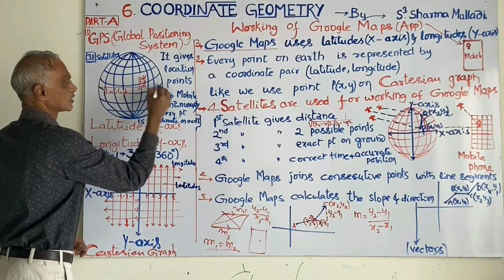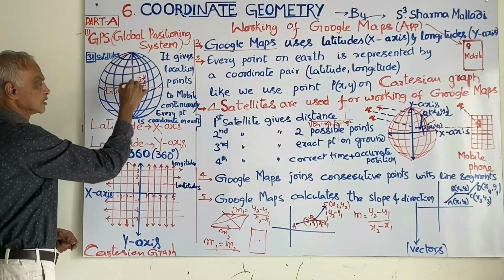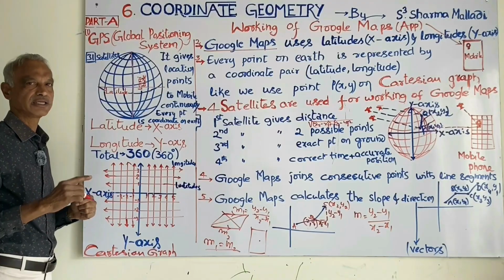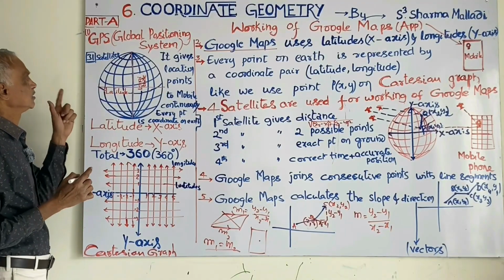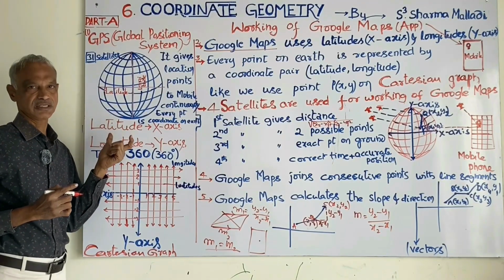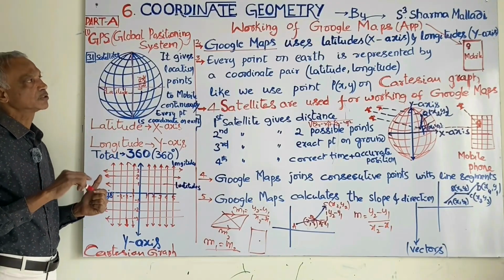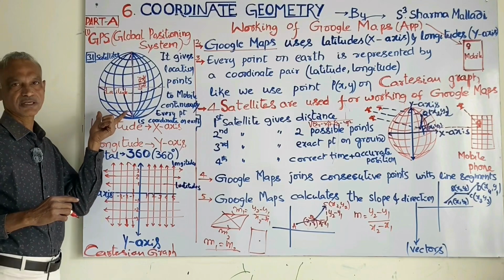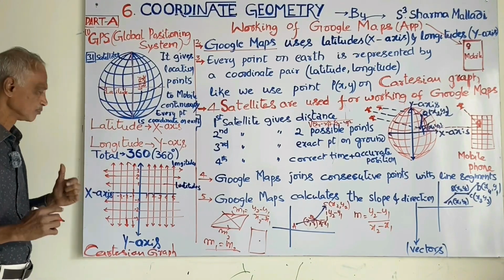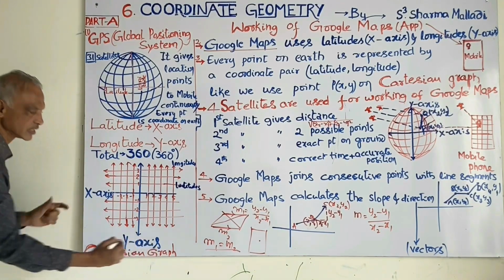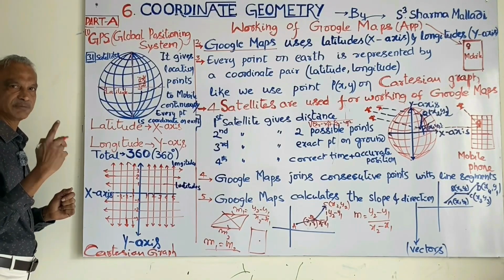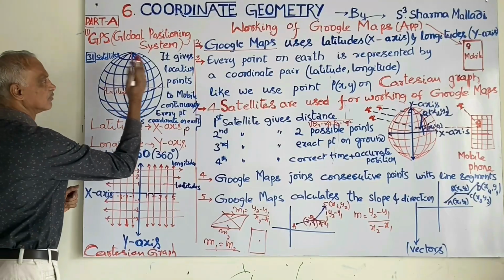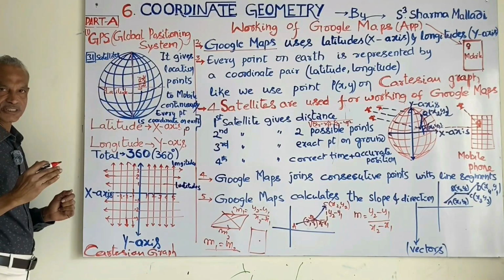Latitudes are just like the x-axis and longitudes are just like the y-axis. GPS depends on these imaginary lines and Google Maps also depends on these imaginary lines, longitude and latitude. They are just like a Cartesian graph. The angle between two longitudes is 1 degree. Total 180 plus 180, 360 degrees.